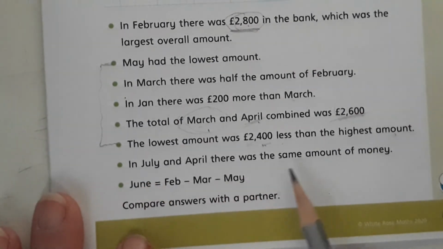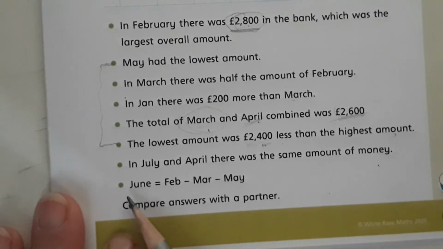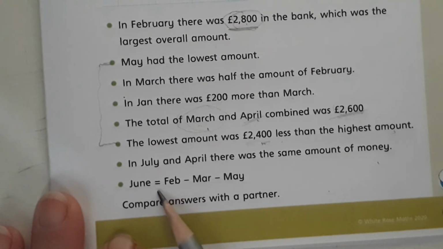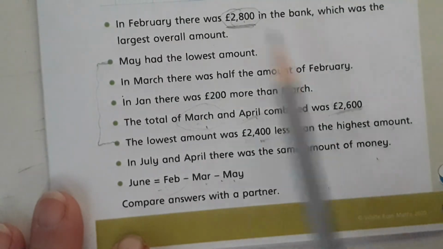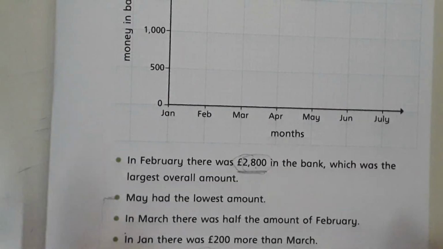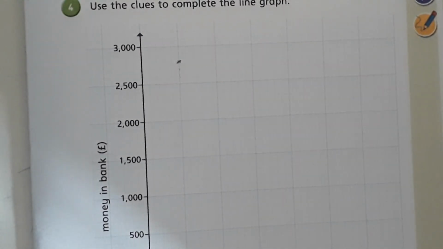In July and April there was the same amount of money. And June is the same as the amount in February, subtract the amount in March, subtract the amount in May. By using all of the clues, you should have been able to put crosses on your line graph. Then you can join your line.